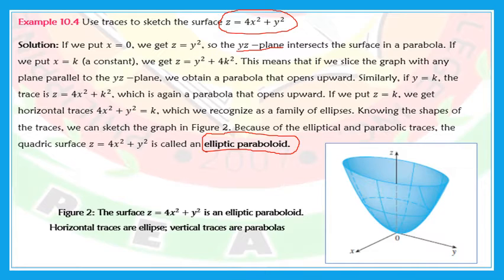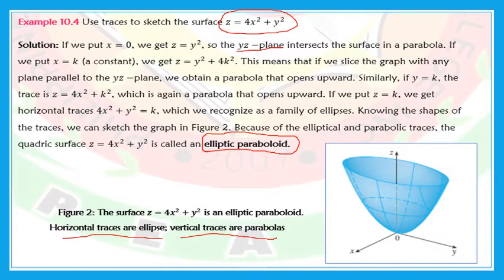Kung lahat ellipse, ellipsoid. Horizontal traces are ellipses and vertical traces are parabolas.